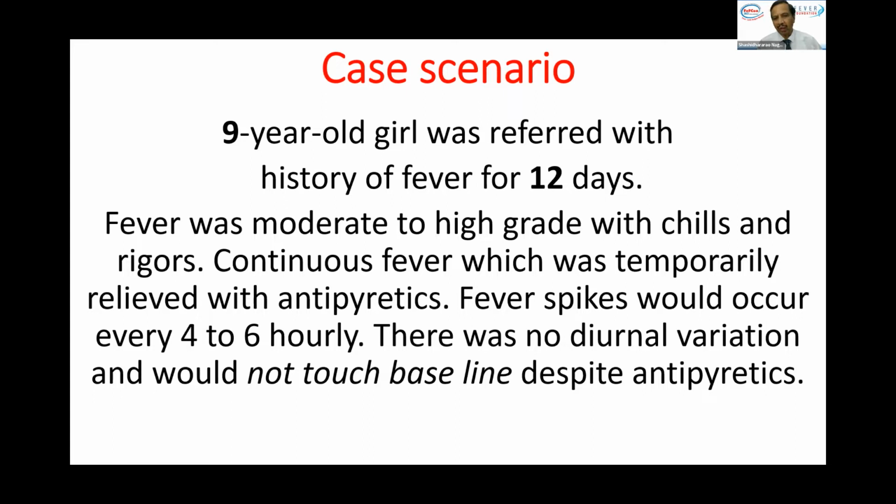However, the possibility of Epstein-Barr infection can be considered because that is one fever that can go on and on and on. A continuous fever with regular spikes without diurnal variation, not touching baseline despite antipyretics, would generally make the common viral infections less likely.